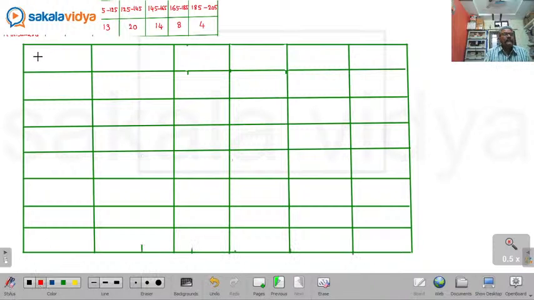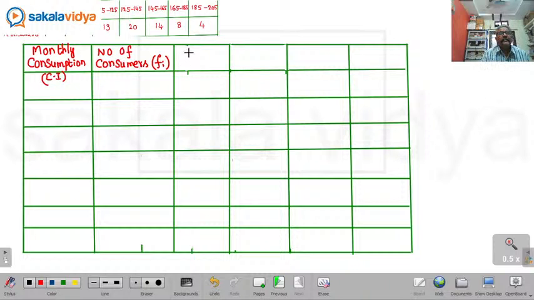This is monthly consumption, this will be the CI, class interval. Next, number of consumers. This is FI, frequency.